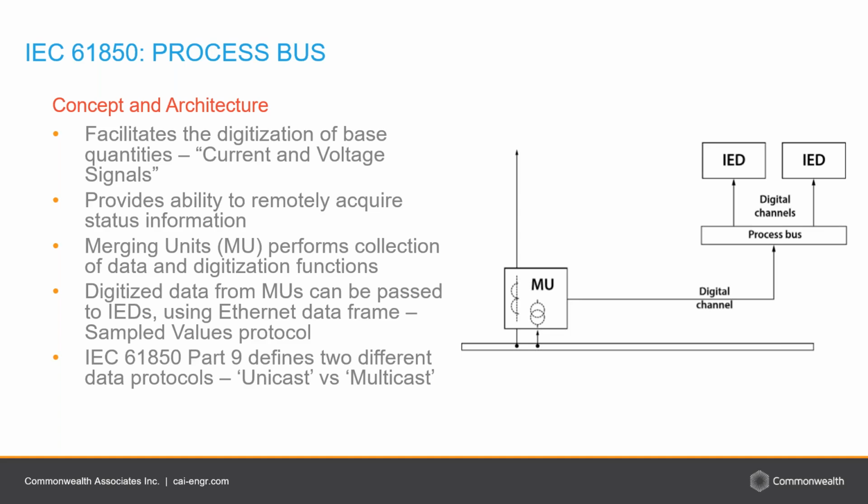Now, what is the protocol for collecting and transferring all this digitized data? It's the sampled values protocol or data service. And 61850 actually defines two different sampled values data collection and transfer protocols. Part 9.1 of the standard defines a unidirectional multi-drop point-to-point fixed link carrying a fixed data set.